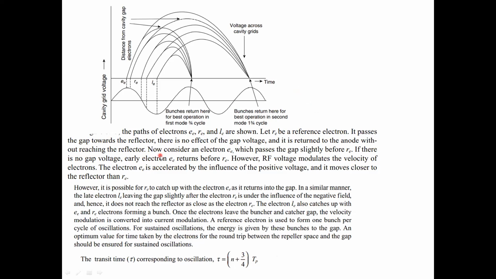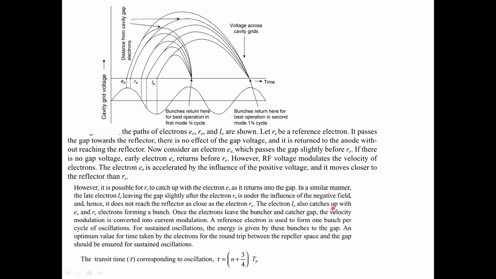Now consider the early electron which passes slightly before the reference electron. There is no gap voltage. The early electron returns before the reference electron. Therefore RF voltage modulates the velocity of the electron. It is a continuation process for this early electron, late electron and reference electron, so they are ready to participate in the bunching process.